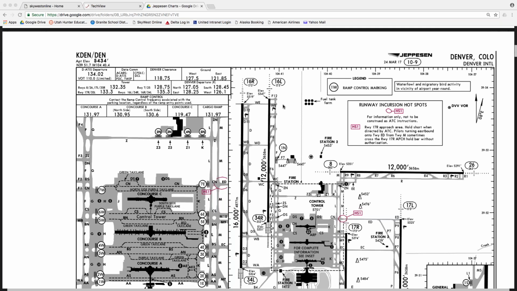Good? So to figure your ISA at your departure airport, you would go to your 10-9 chart and you round it to the nearest 500. Whatever that altitude comes out to be, you always times that by 2 and then minus that from your standard temperature of 15 degrees.